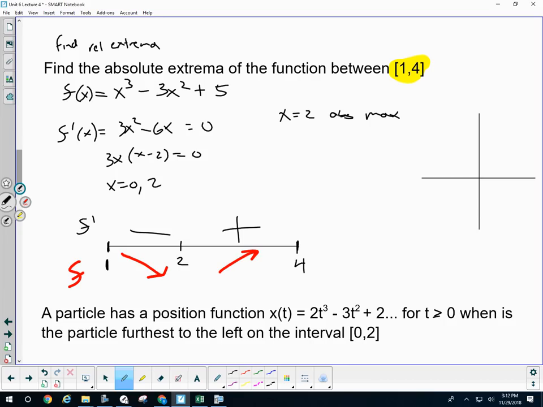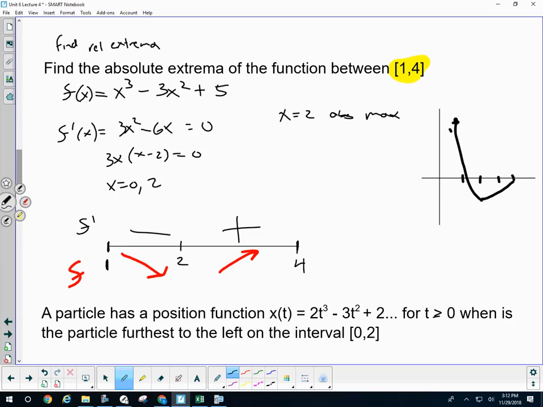But all we know is that we're going up and going down. We don't know how quickly we're going up or going down. So I could decrease significantly between 1 and 2. Let's pretend this moved over here. I could go from 1 to 2 here, and then from 2 to 4, I increase a little bit less. So boom, there's my absolute max.